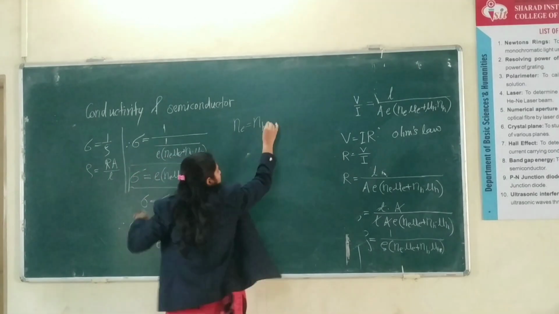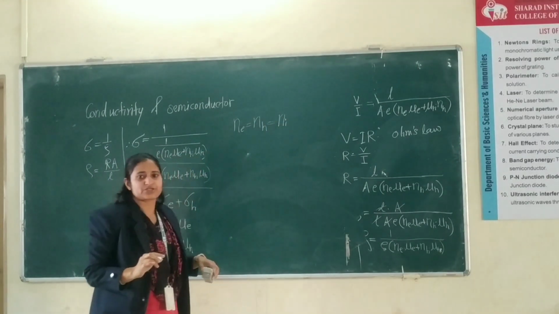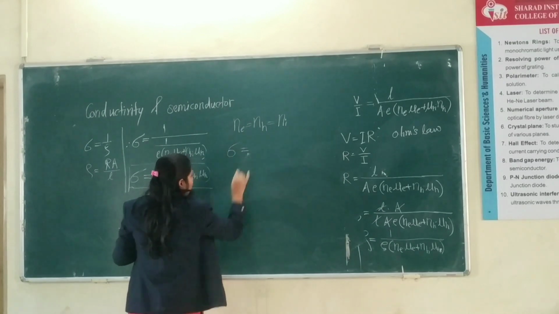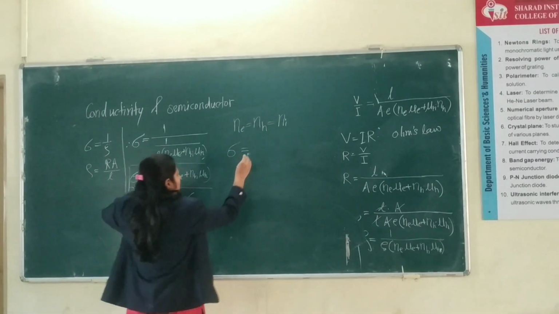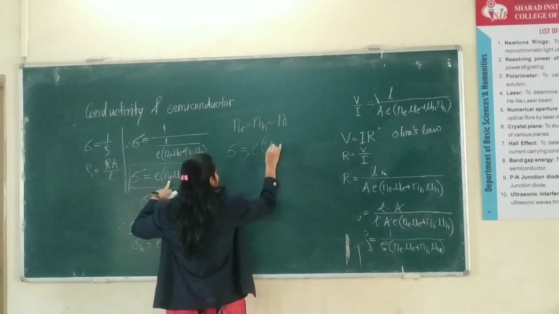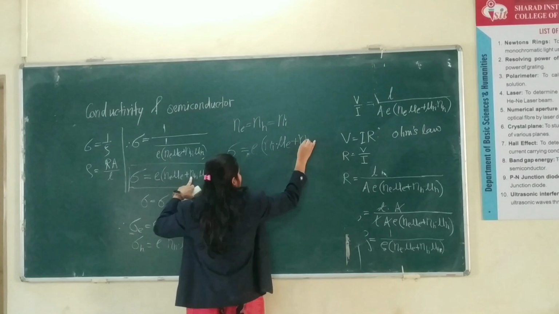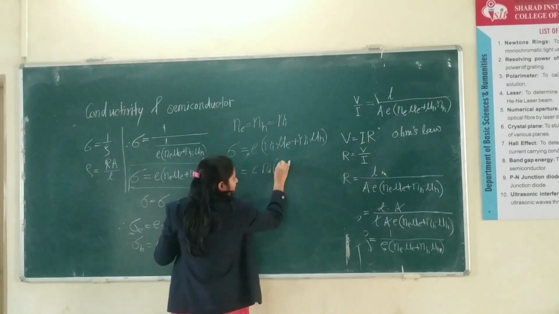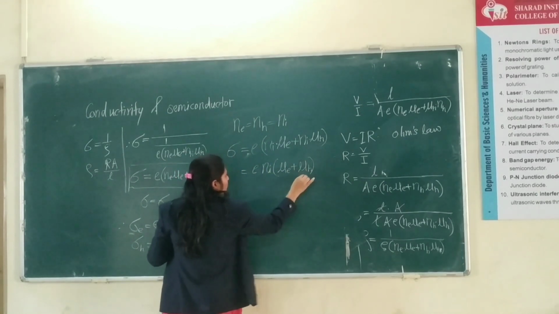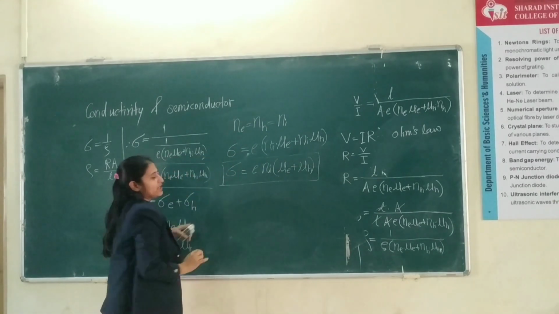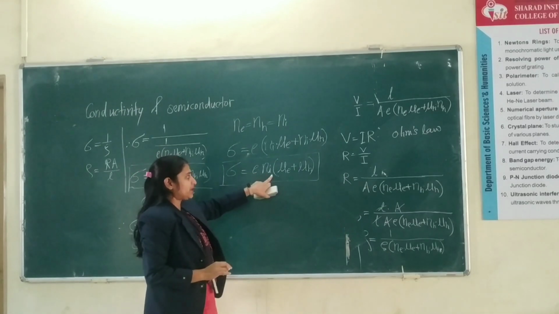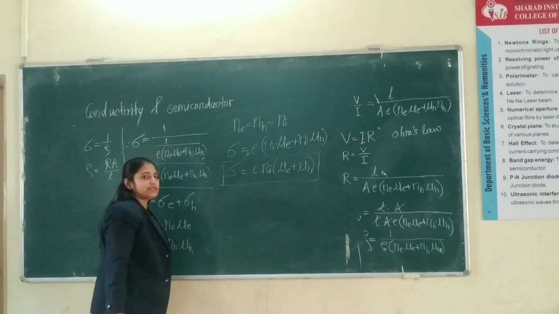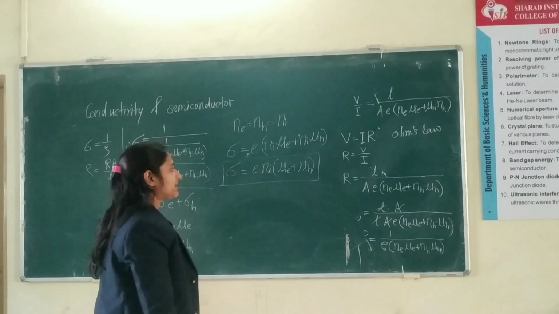So putting this, it becomes sigma is equal to E in bracket Ni into mu E plus Ni into mu H. Okay, so Ni is a common factor, so E into Ni in bracket mu E plus mu H. Okay, so for intrinsic semiconductor, the conductivity of semiconducting material is E into Ni in bracket mu E plus mu H. Okay, so again for extrinsic semiconductor, it is again divided into two parts, N-type semiconductor and P-type semiconductor.